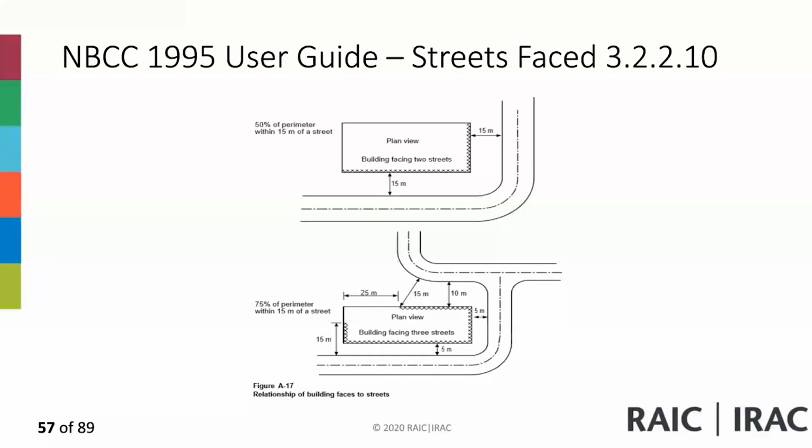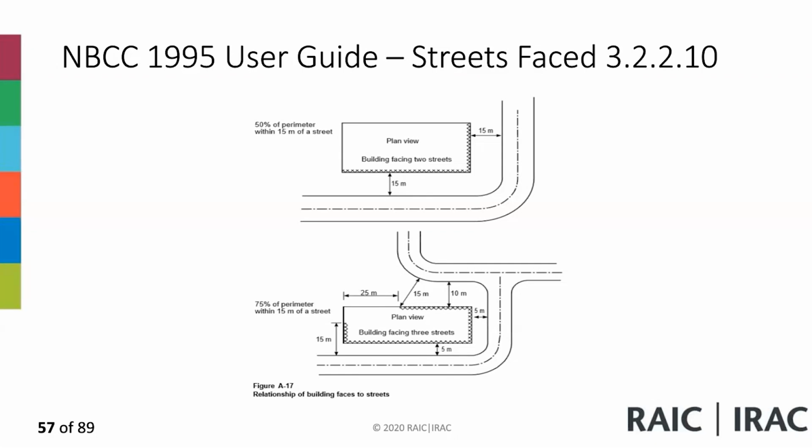Street. Every building shall face a street located in conformance with the requirements of Articles 3.2.5.4 and 3.2.5.5 for access routes. An access route conforming to Subsection 3.2.5 is permitted to be considered as a street. For specific types of buildings, 3.2.5.6 or 3.2.5.8, a building is considered to face one street where not less than 25% of the building perimeter is within 15 meters of a street or streets.